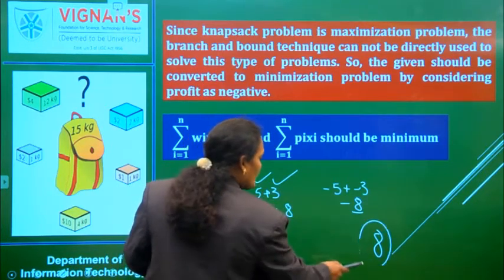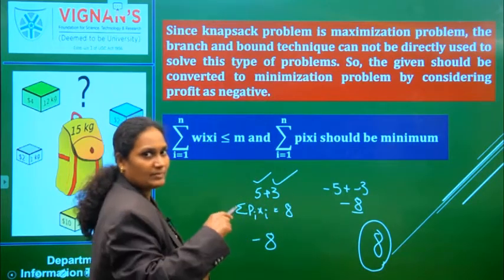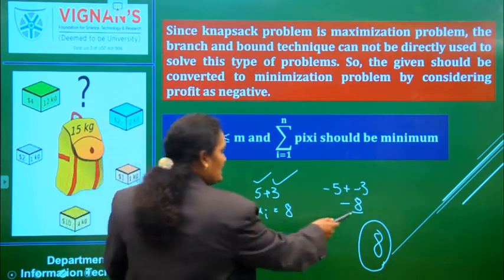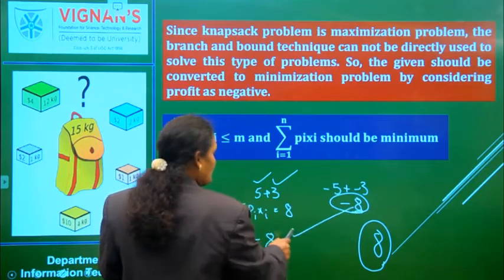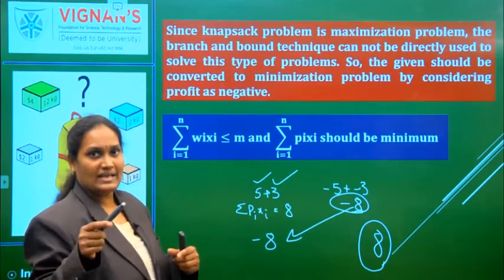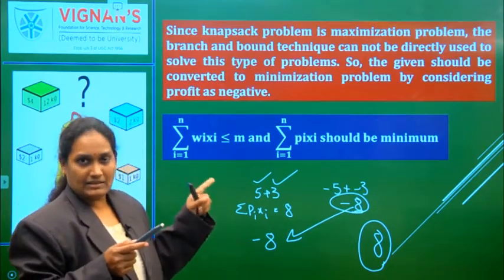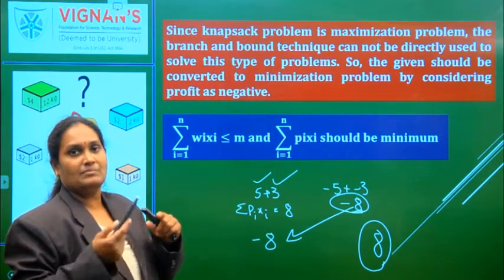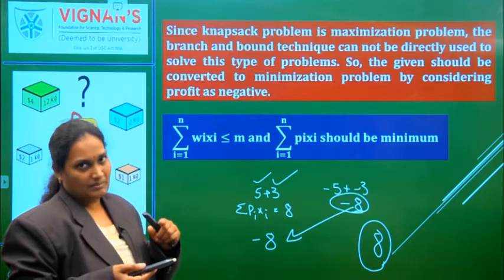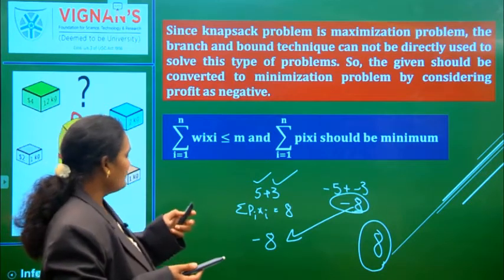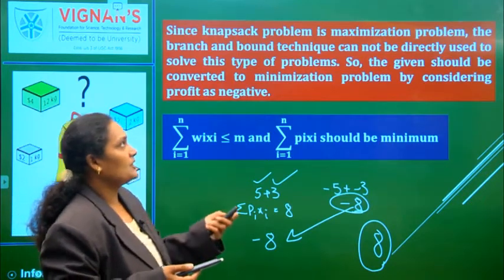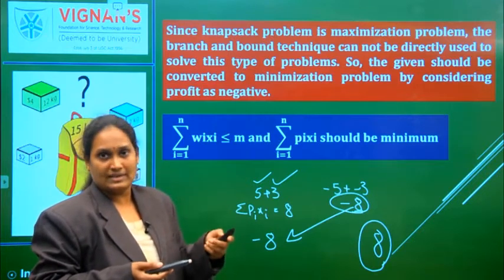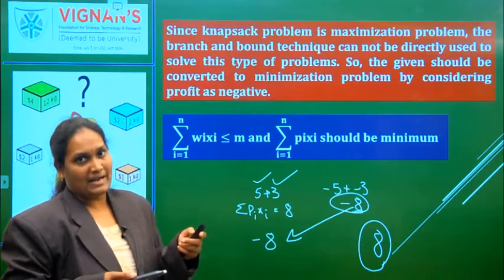In a maximization problem, the total profit becomes 8, but in a minimization problem, the total profit must become minus 8. So if we take negative values for the profits, we can convert the given maximization problem into a minimization problem. Okay, so we need to consider this point while we are solving the knapsack problem in the branch and bound strategy.